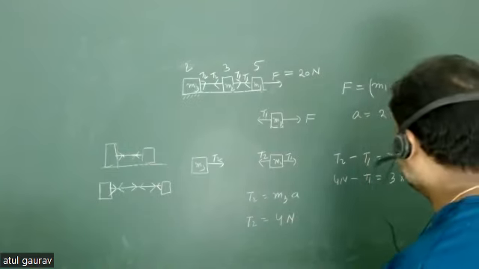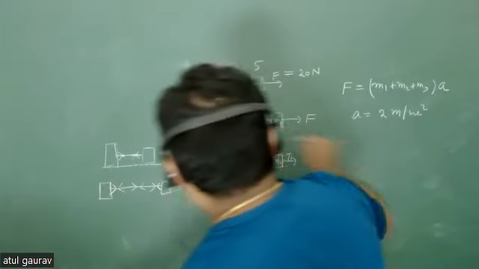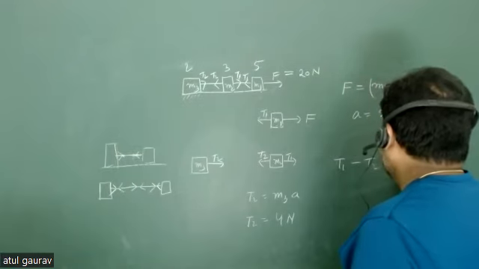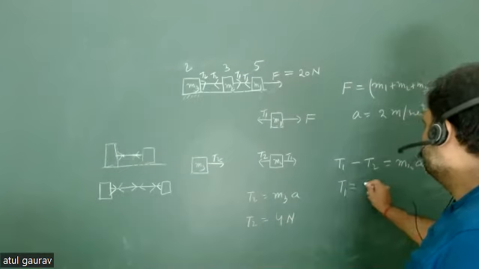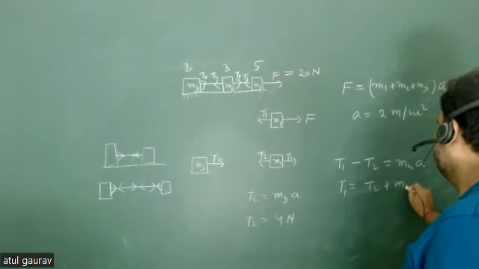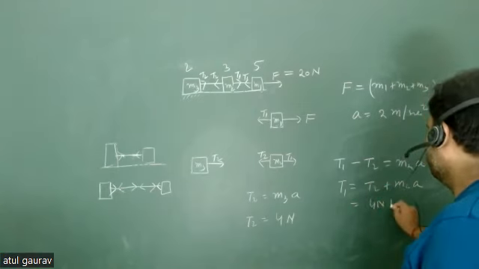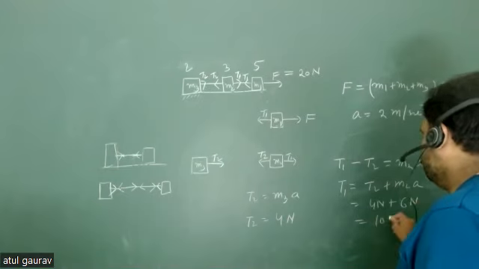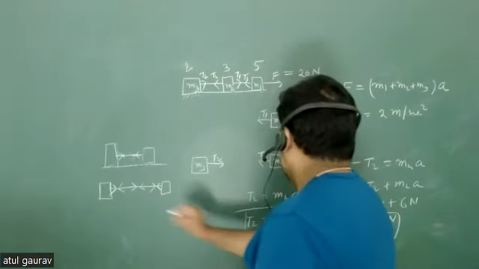T1 minus T2, sorry. क्योंकि इस डायरेक्शन में मूव कर रहा है, so you have T1 minus T2 is equal to M2A, and T1 is equal to T2 plus M2A. And what is your T2? 4 Newton. And this is what? 6 Newton. So that value is equal to 10 Newton. So T1 is equal to 10 Newton. T2 is equal to 4 Newton.